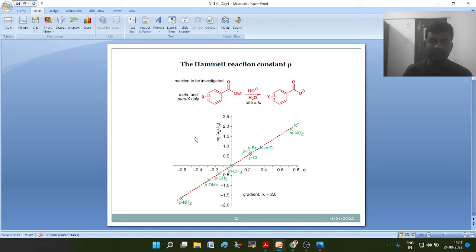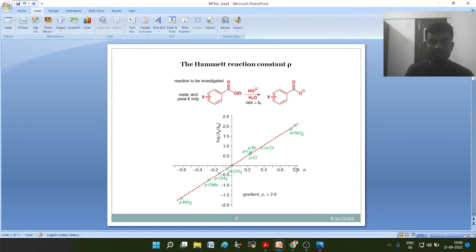So now let us discuss this plot which is shown here. Based on your classes, like what ma'am has told in the classes, you have been introduced to sigma value, right? So here, if you see the plot, along the x-axis on the right side, sigma value is plotted. So on the right side, last right 0.8, and on the left side of the x-axis minus 0.6 is noted. So these are the sigma values.